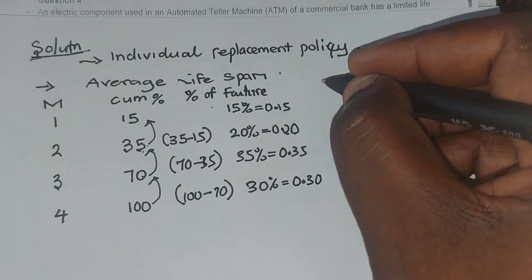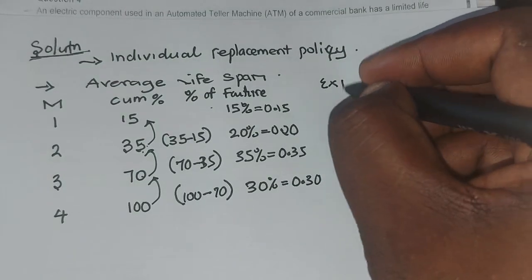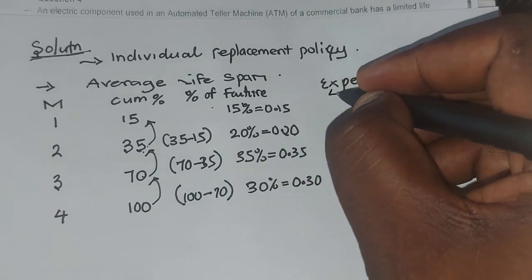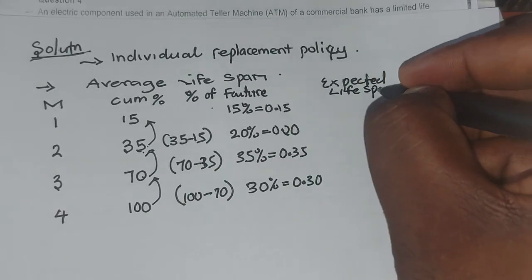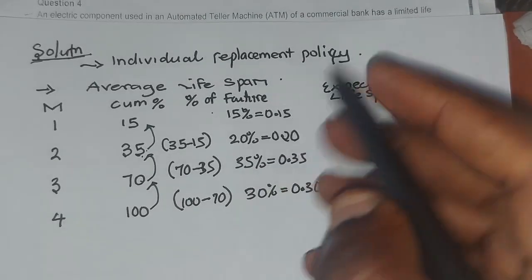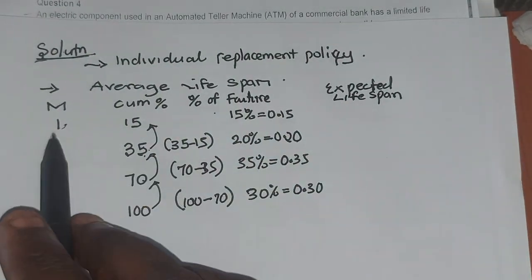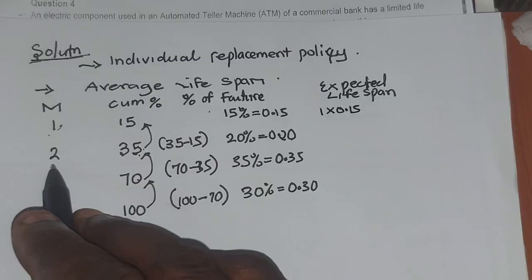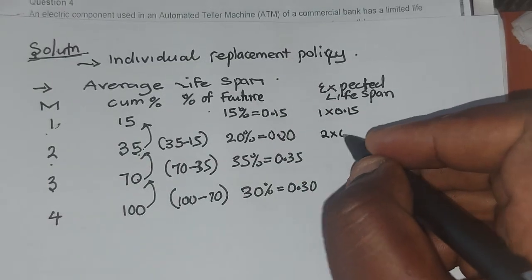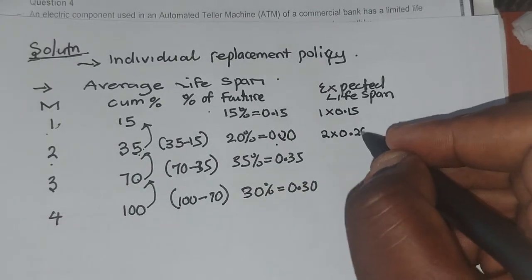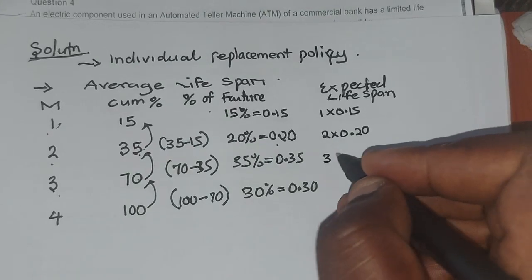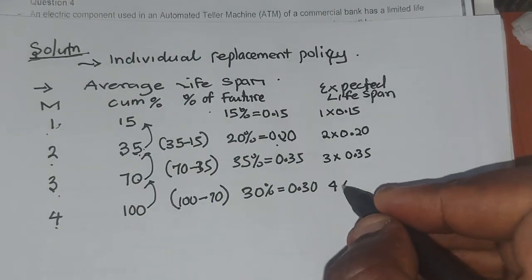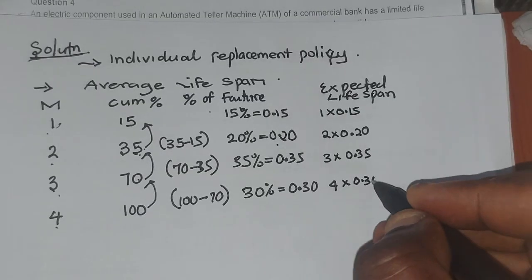After which you calculate the expected lifespan, and to do that, you have 1 multiplied by 0.15, then 2 multiplied by 0.20, 3 multiplied by 0.35, 4 multiplied by 0.30.